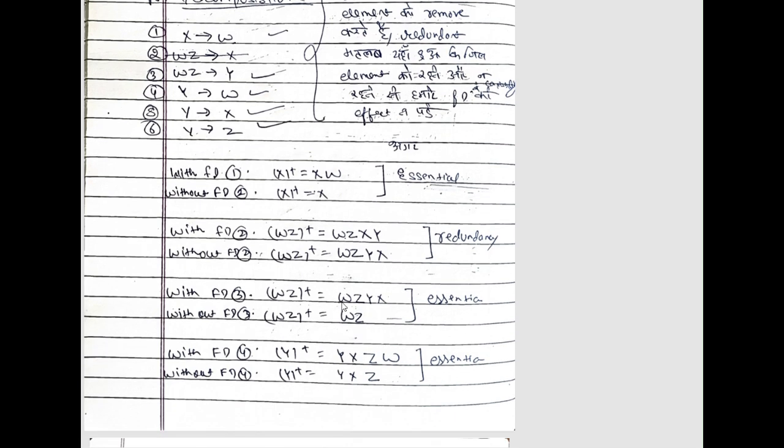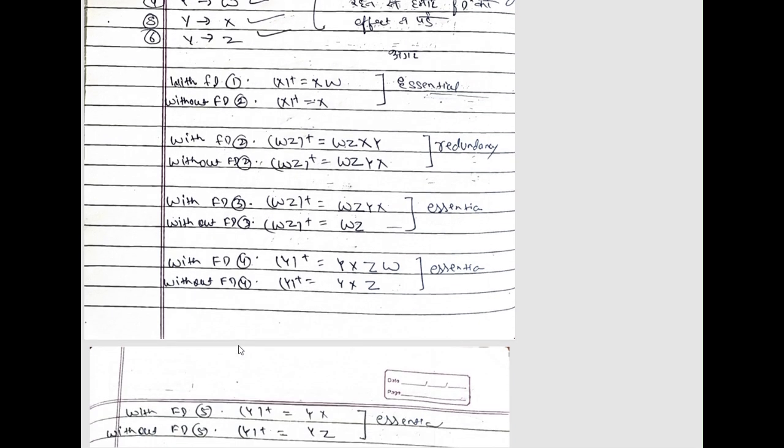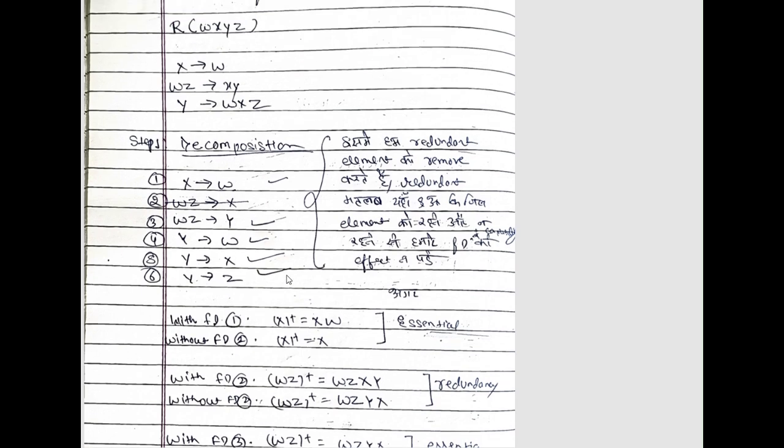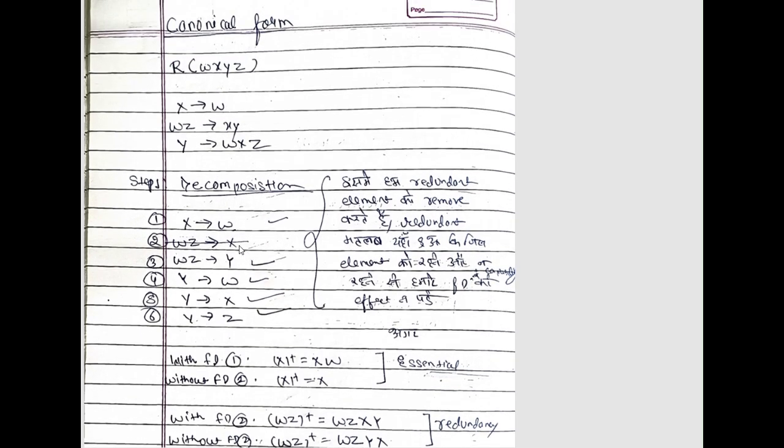In similar ways we can check all the elements and their functional dependencies, and decide which element is essential and which element we have to remove. The same process we can apply for all. After doing this work we will conclude with a particular solution: the element which we can remove, we now ignore, and we cannot write it again.